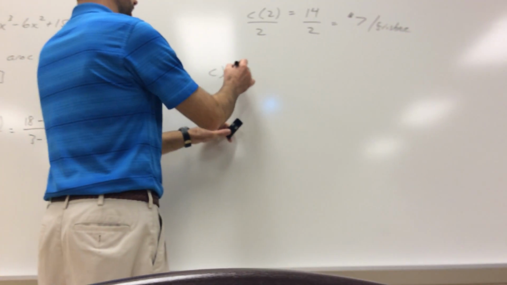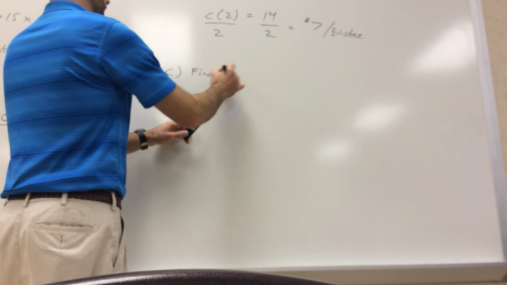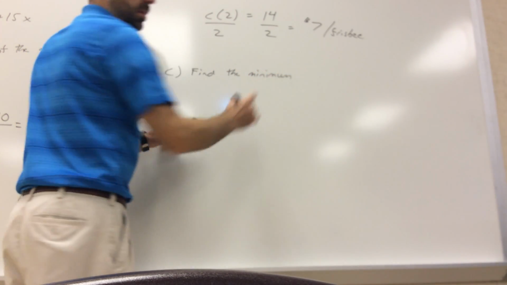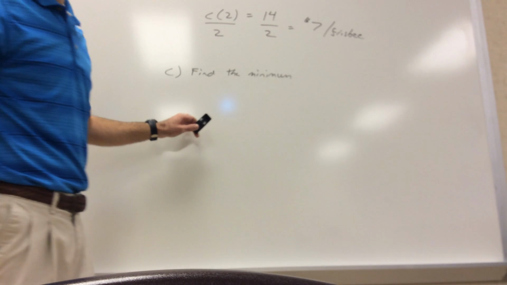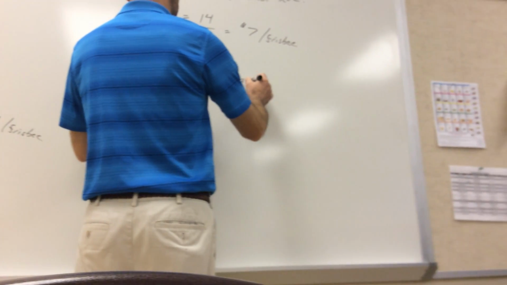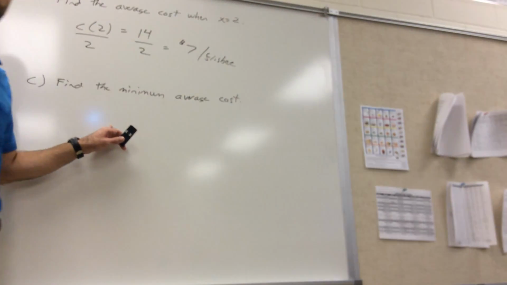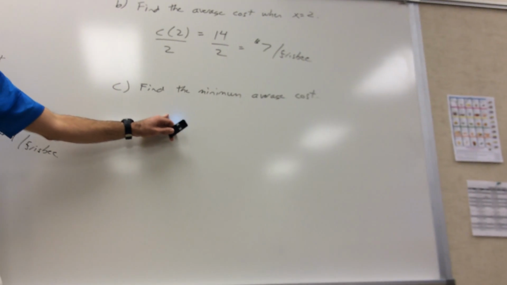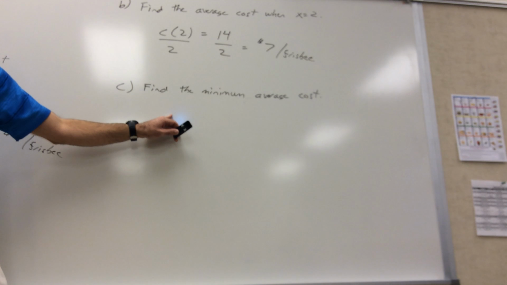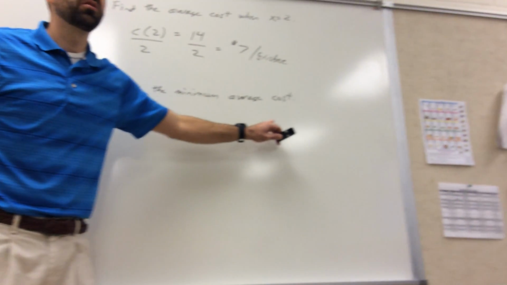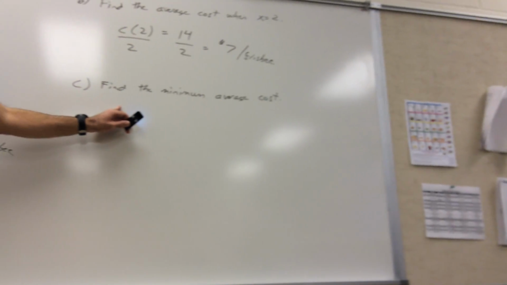Okay, then part C is find the minimum average cost. All right, if we're going to find the minimum of something, we need the formula for it.